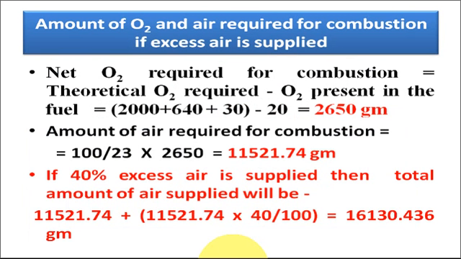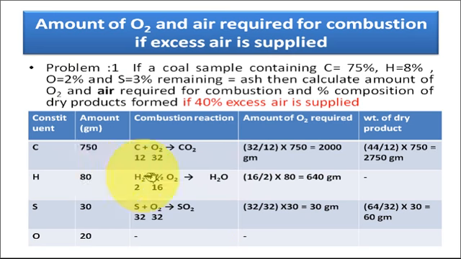To calculate the amount of oxygen required, in the last class we discussed that first we have to write the balanced equation, and then from this balanced equation we can calculate the amount of oxygen required for combustion of carbon, for combustion of hydrogen, and for combustion of sulfur.